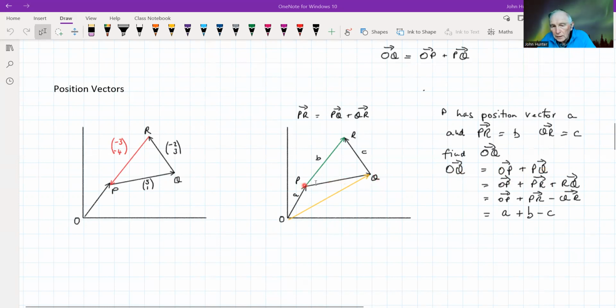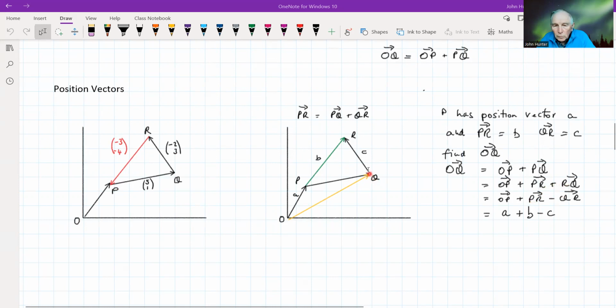And PQ, well, we don't know what PQ is, but we've got PR and RQ. So PQ equals PR and RQ. So notice we've got the R's here on the inside.